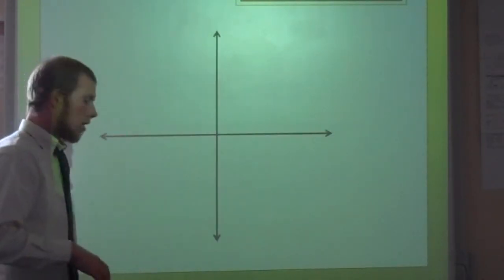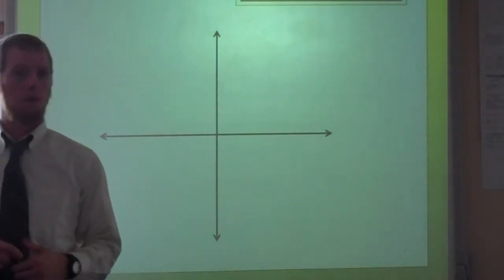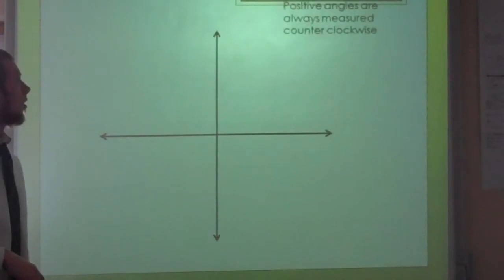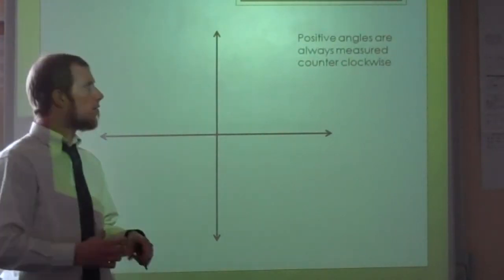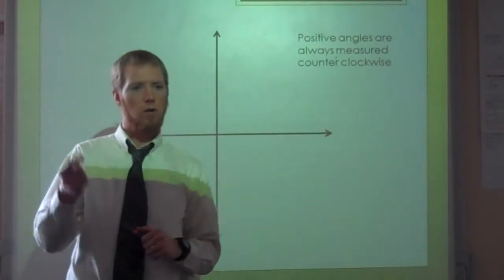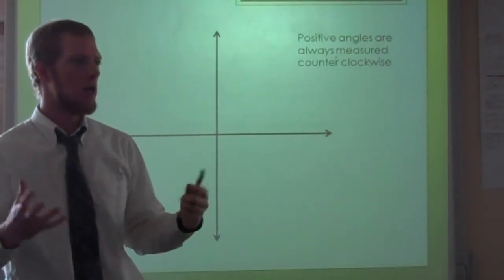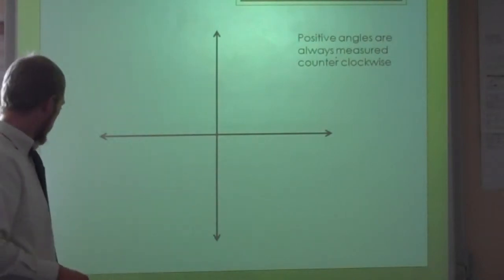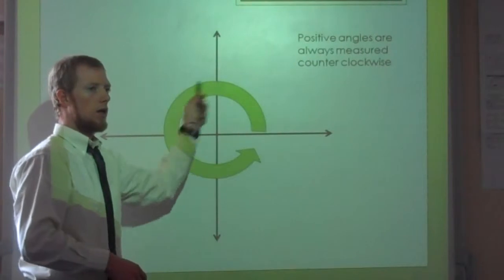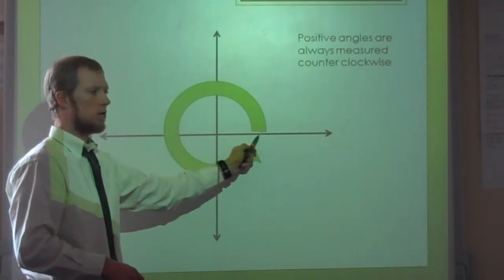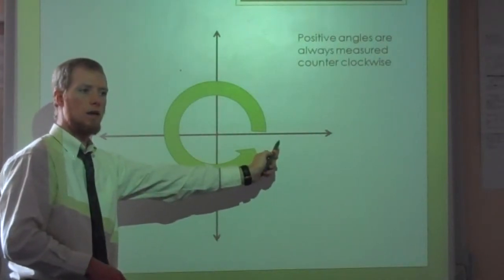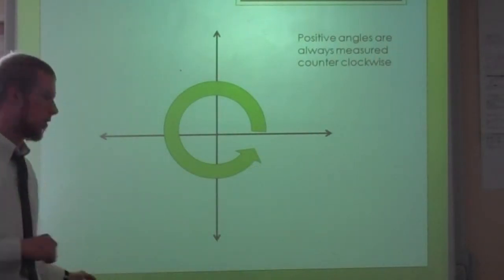All right. So two things we need to know. How do we measure angles? Well, we know that positive angles are always measured in a counterclockwise direction. Seems kind of against what you would think, but we're always going to measure them this way. So you start at your initial side, and you measure counterclockwise if you're talking about a positive number.